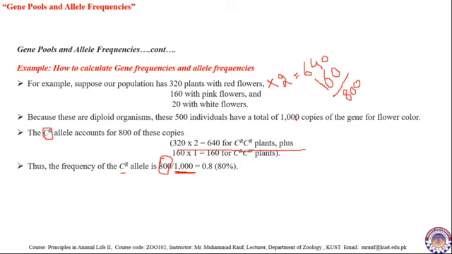So the number of copies of that allele is 800, divided by 1000, and the result is 0.8. And if you want this value in percentage, then multiply it with 100, you will get 80%.